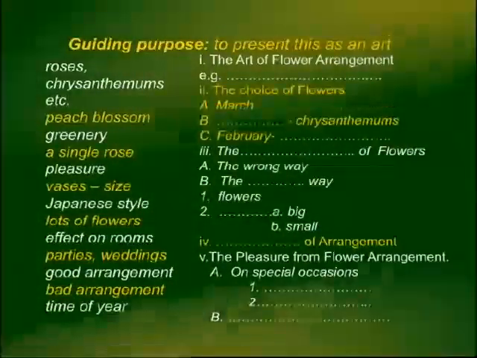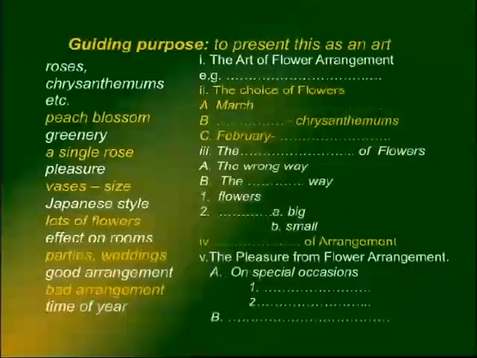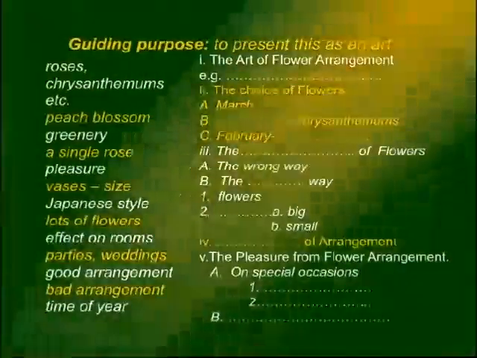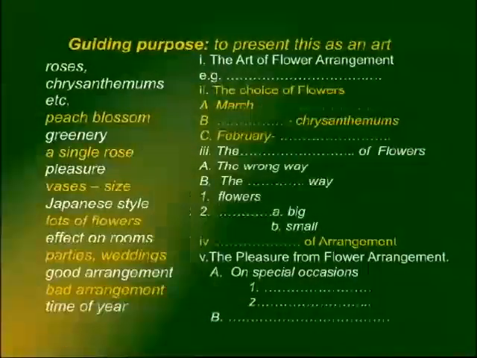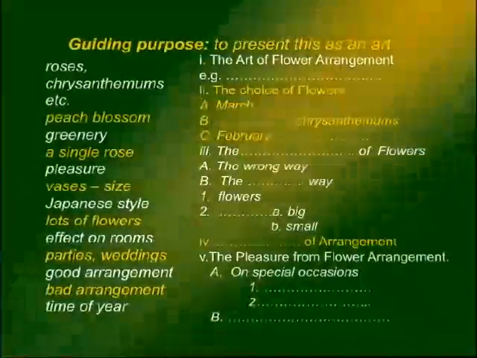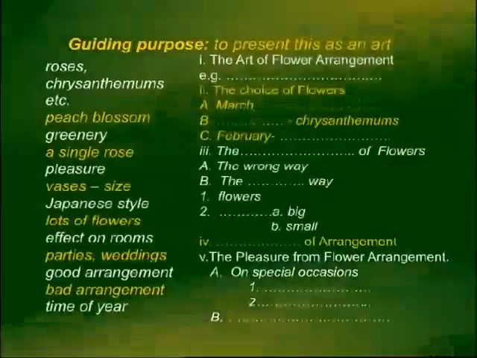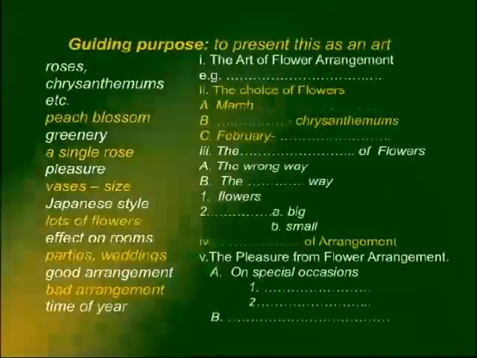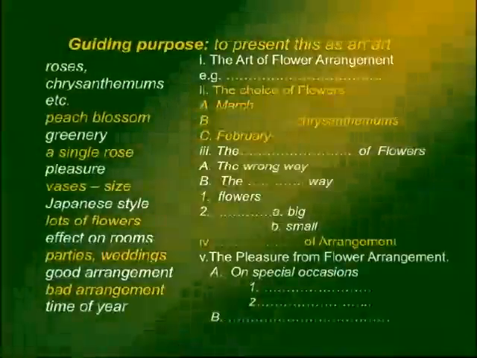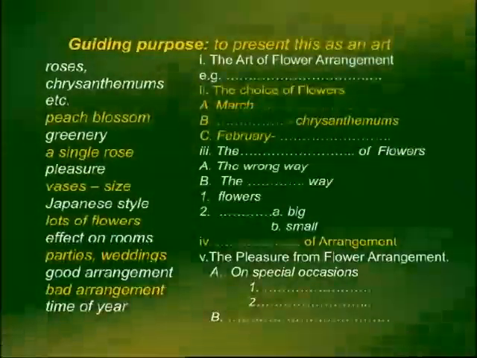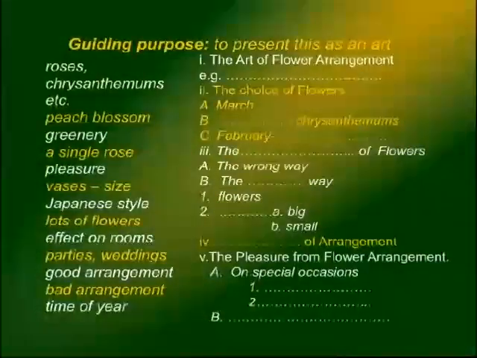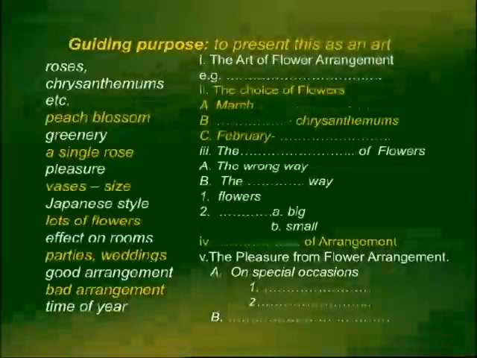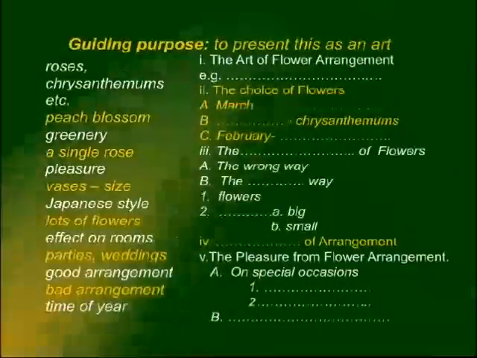Number two, first look at the main headings. The main headings are the art of flower arrangement. You can talk about how the Japanese have developed this into an art. The next major heading is the choice of flowers. The third is the arrangement of flowers. And then number 4 is again arrangement. Number 5 is the pleasure from flower arrangement.